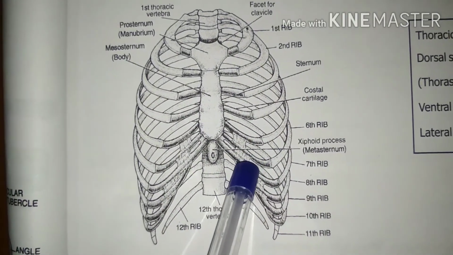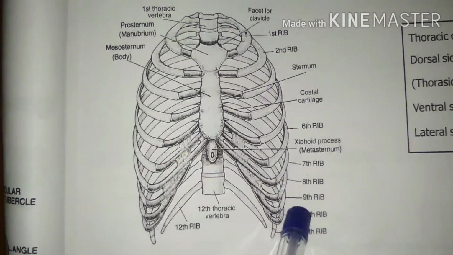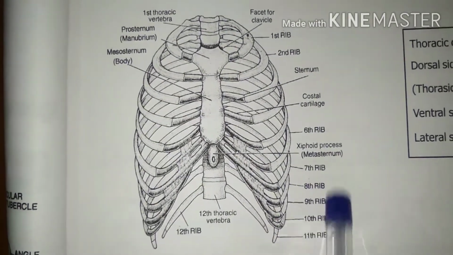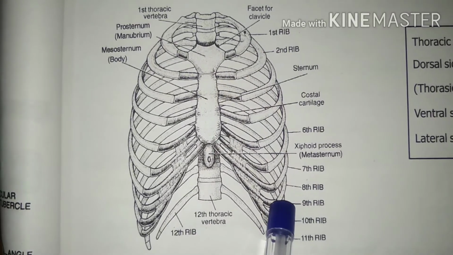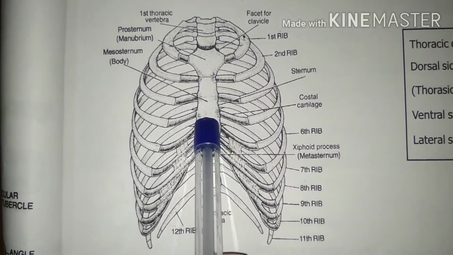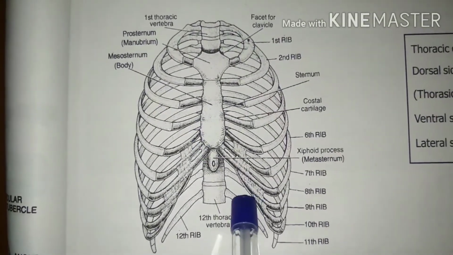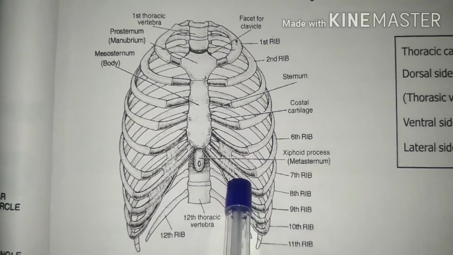False ribs: 8, 9 and 10th number. The 8, 9 and 10th pairs of ribs are called false ribs because these are not directly connected to the sternum, but are bound with the 7th ribs. So these are called false ribs.